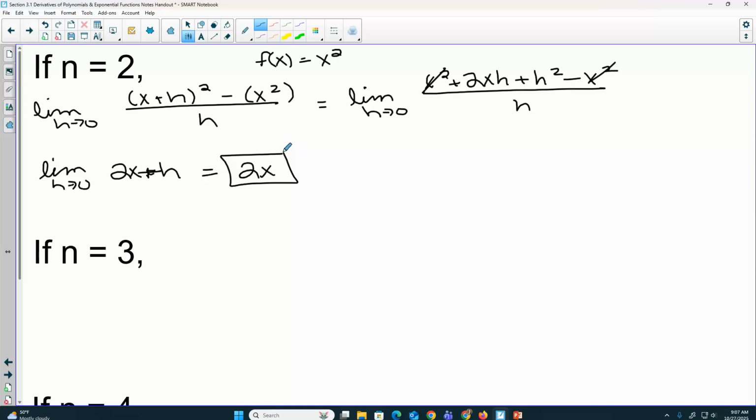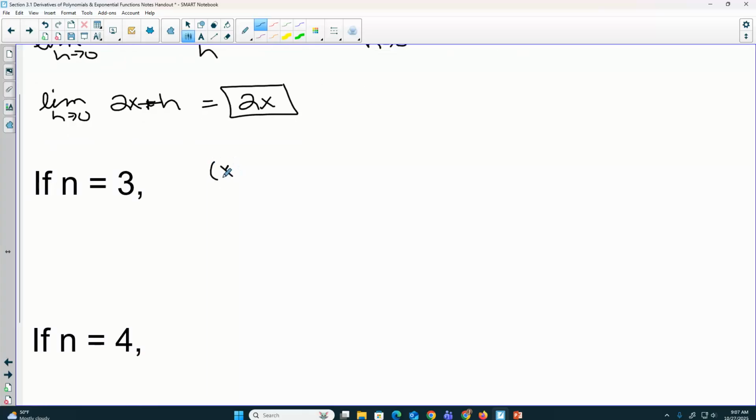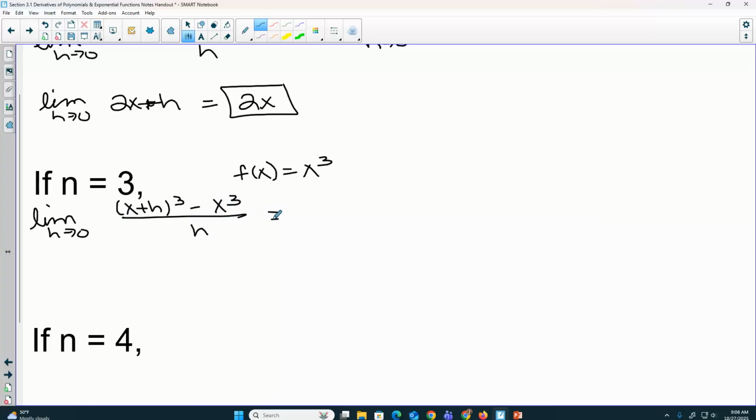Let's try some more. If it's to the third, so my function is x cubed. So I did the limit as h approaches 0 of f of x plus h, so that's x plus h cubed, minus f of x, so minus x cubed, all over h. All right, x plus h cubed. We've worked that one out quite a few times.